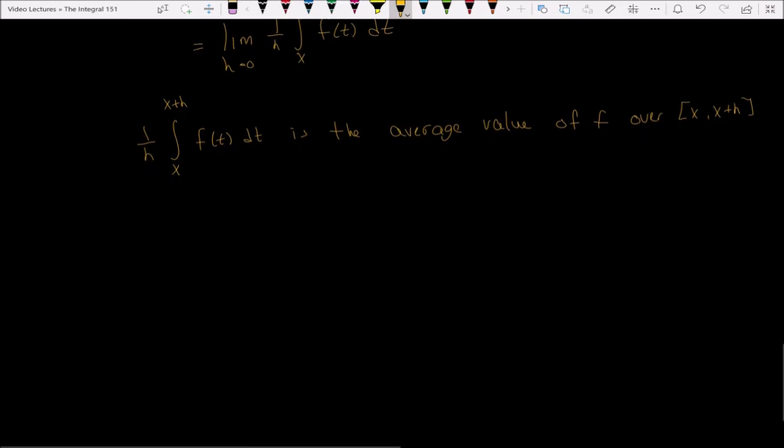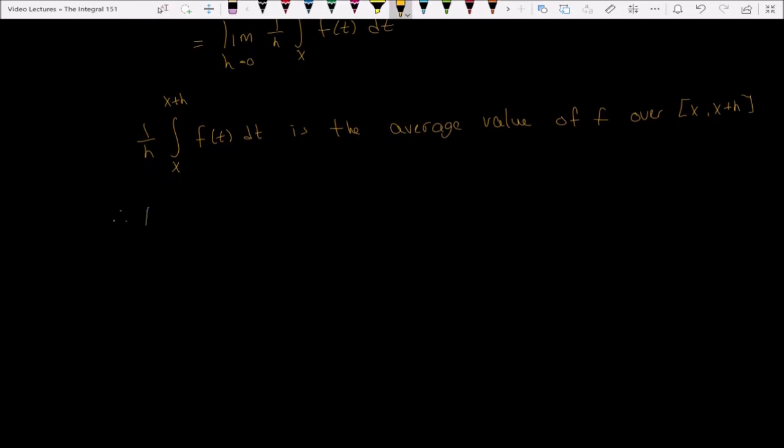So the mean value theorem says that there has to exist a point c within that interval such that f of c is equal to 1 over h times the integral from x to x plus h f of t dt.